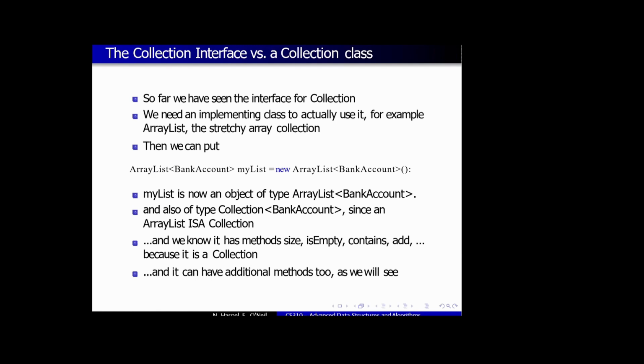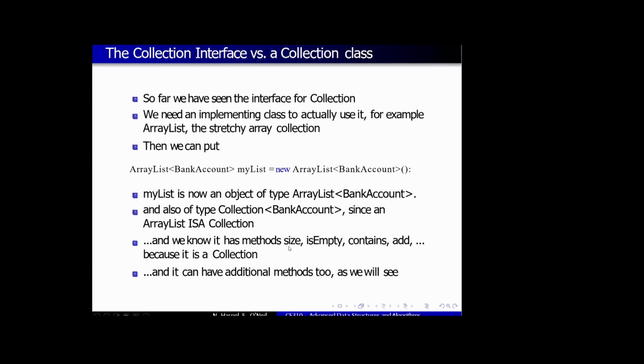And now we have a my list, which is of that type. And of course, we could also call it a collection of bank accounts if we wanted to, but there's no harm in continuing to call it an array list. We'll find out that we can also call it a list, but we haven't gotten to that yet. Okay. So once we've done this, now we know my list is an object, and we know various methods it must have.